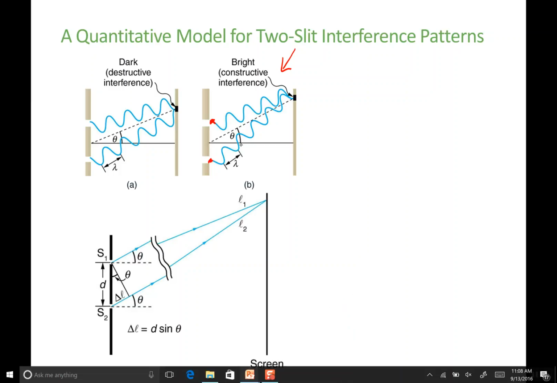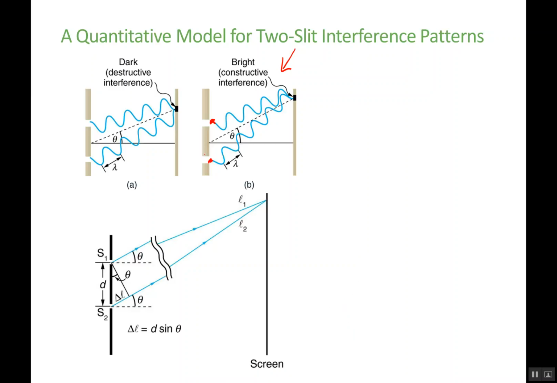But what this picture shows is, because those slits are at different spots, this wave travels a different distance, a shorter distance, to get to this spot on the screen compared to the wave from the bottom slit. So there's a path length difference which exists because the waves travel different distances to get to a specific spot on the screen.